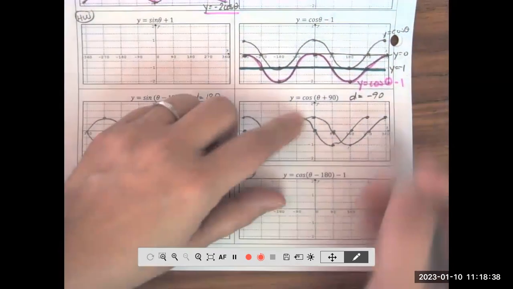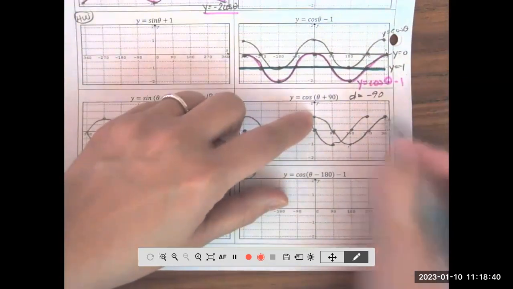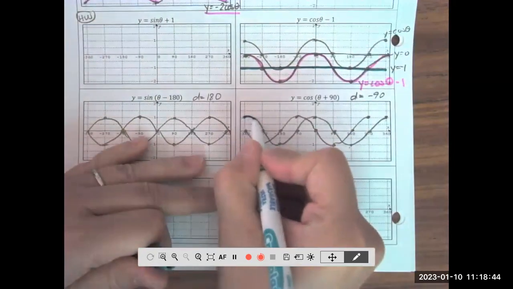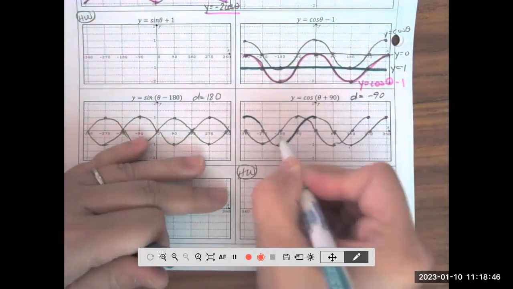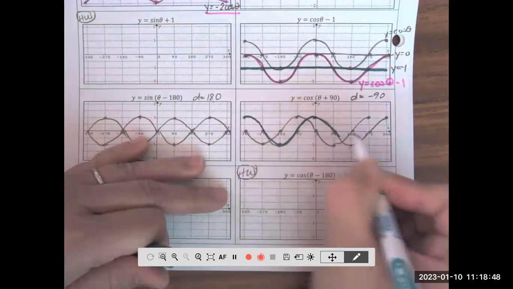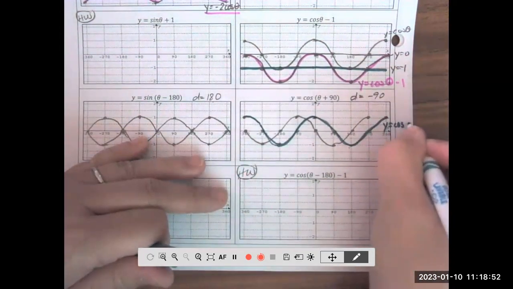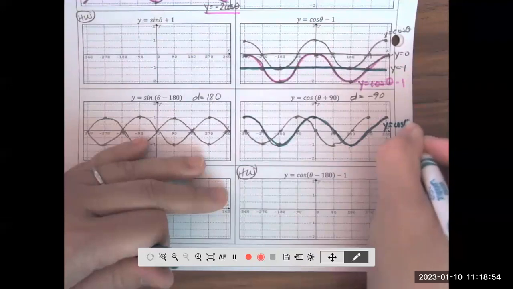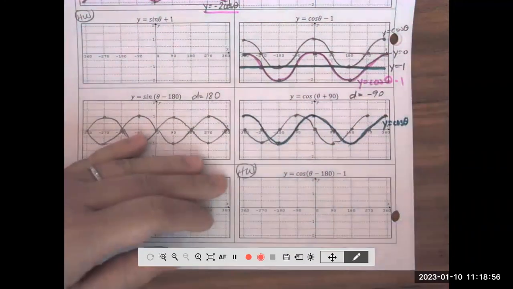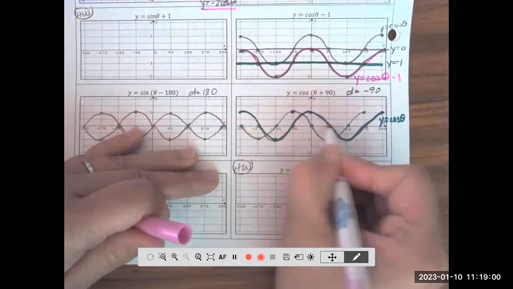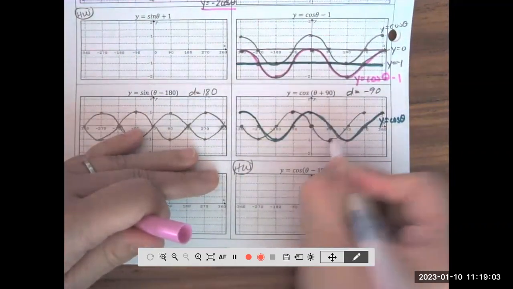90? So do you see the initial function? Let me highlight it. Aisha, do you see the initial function? So this is my base graph. I'm going to take every single point and translate it 90 degrees to the left.